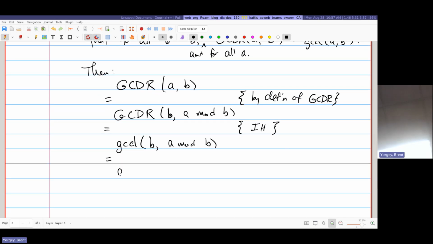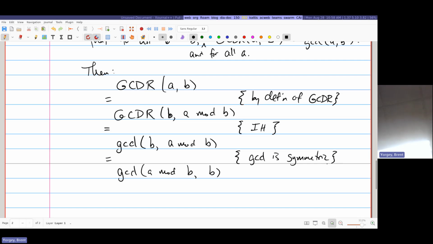Now we can swap these arguments around because GCD is symmetric. How do we know that? Just from the definition of GCD. The definition clearly doesn't make any distinction between the two. It's just the biggest divisor that divides both, so the order doesn't matter.